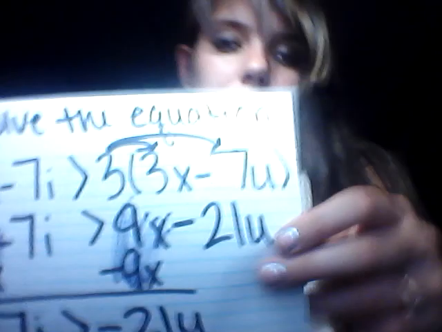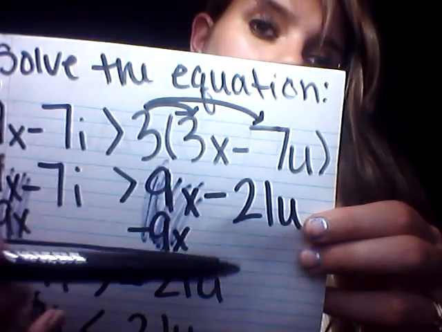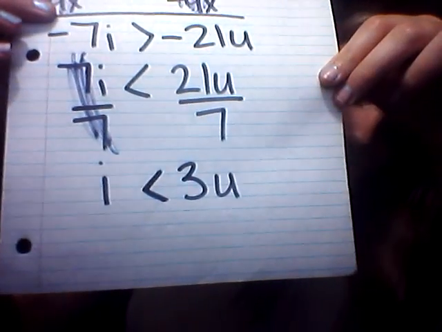So, if we've learned anything in math, 21 divided by 7, which if you're a cheater like I am, you can look up at the top and you can see that 7 times 3 is 21, so you can kind of add 2 and 2 together and know that that's 3. So that means we're left with I is less than 3u. You see what I did there?